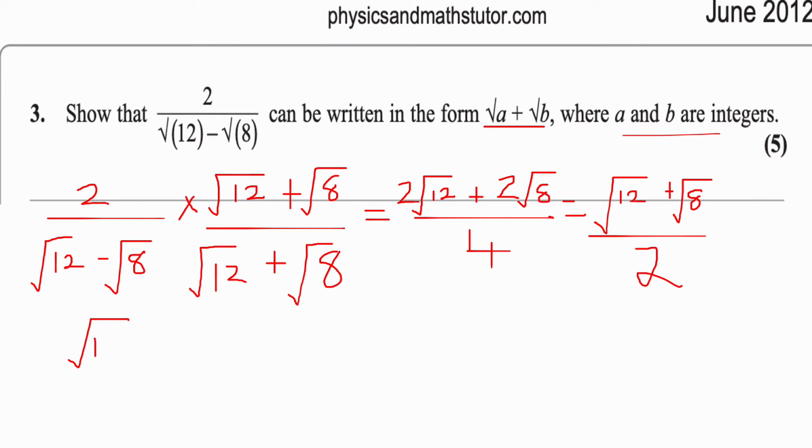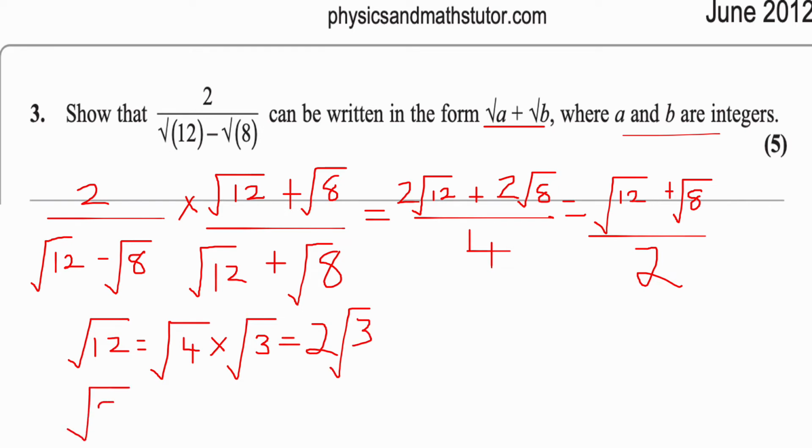So root 12 is root 4 times root 3, because 4 is the biggest square number factor that goes into 12. Root 4 is equal to 2, so it's going to be 2 lots of root 3. And then root 8 is equal to root 4 times root 2.